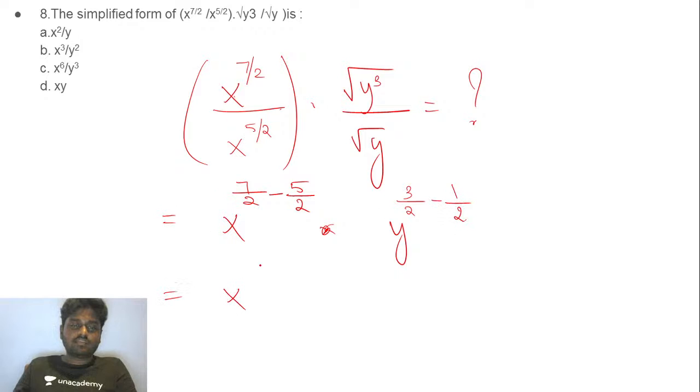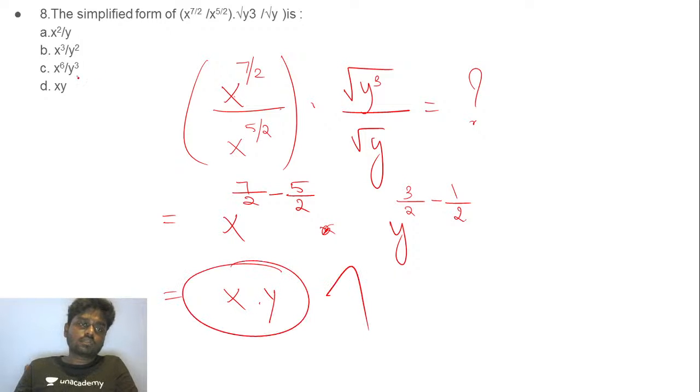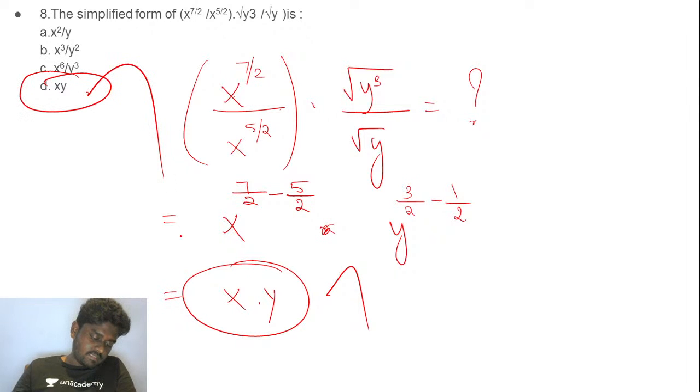So this will exactly give you x power 2 by 2, which is nothing but x, into, here LCM is 2, so again 2 by 2 is nothing but y. So the right answer is going to be option D. XY is actually the right answer for the given question.